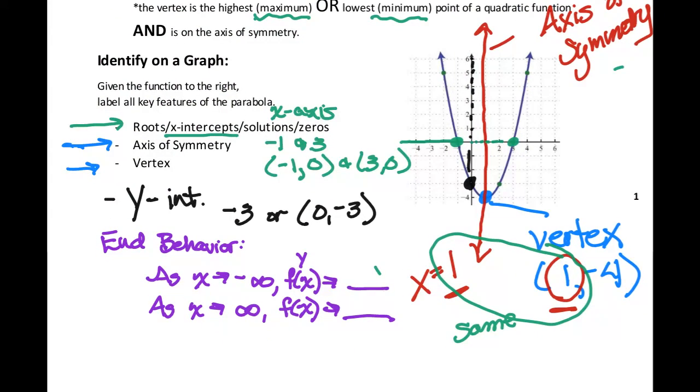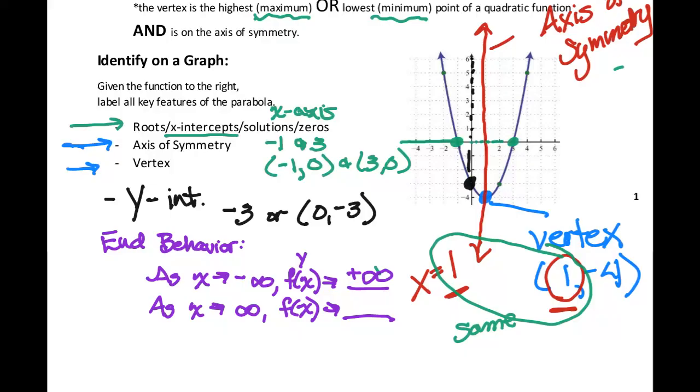Okay? So here's what they're talking about. As x approaches negative infinity, so as my x values get smaller and smaller going in this direction, what is happening to my graph? It is going up. So it is going to positive infinity.